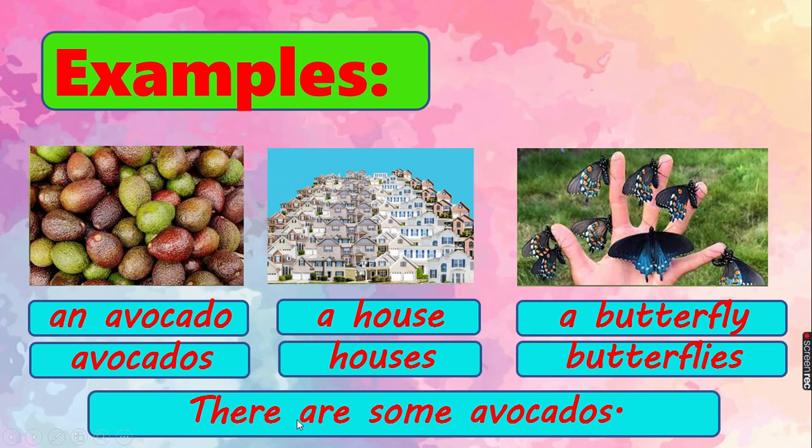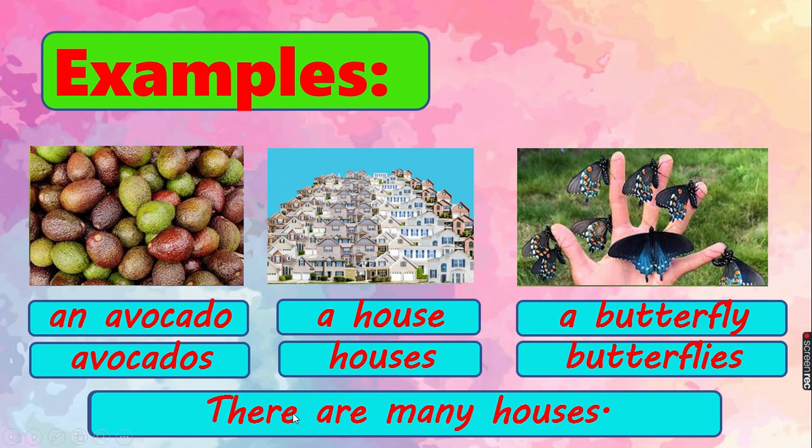And we use are, we don't say is. There are some avocados. We don't say there is some avocados. That's not right. We say there are some avocados. We always use the word are if we use plural.